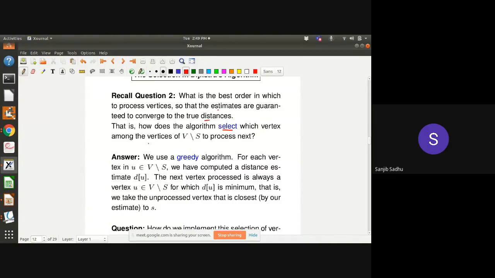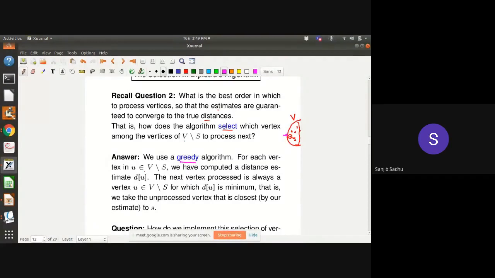There is a set V, and you are selecting vertices from it. On which property or observation are you selecting a particular one? This is the question. The answer is that it is a greedy algorithm.